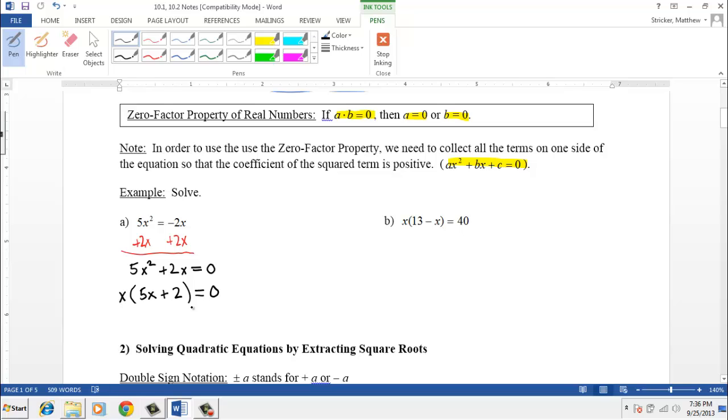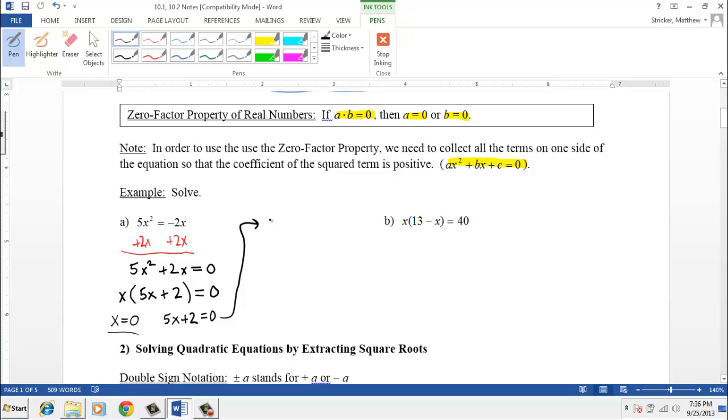So the way we solve this equation is we set the first factor equal to 0, which is the x. x has to equal 0, or 5x plus 2 has to equal 0. The first one is pretty much already done, but the second one is going to require some more work.